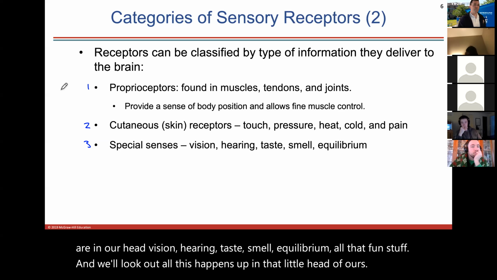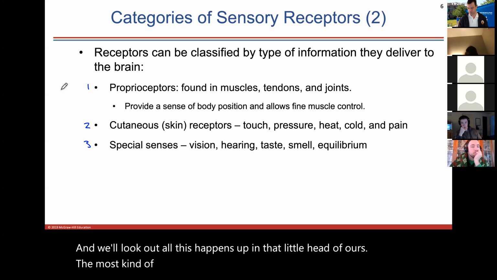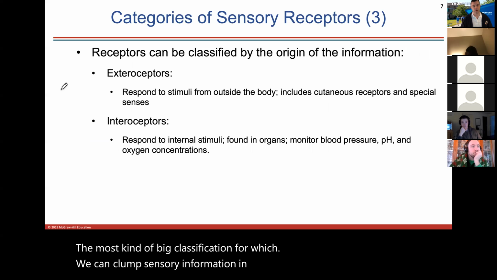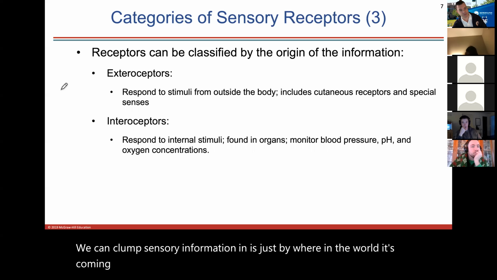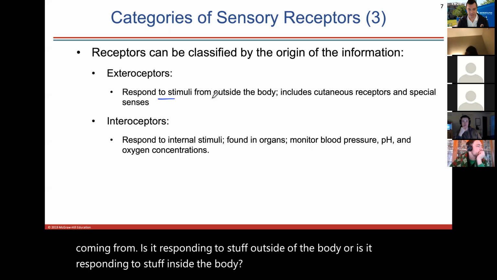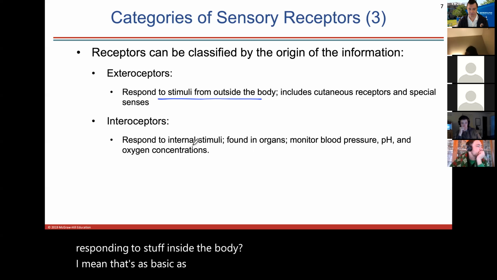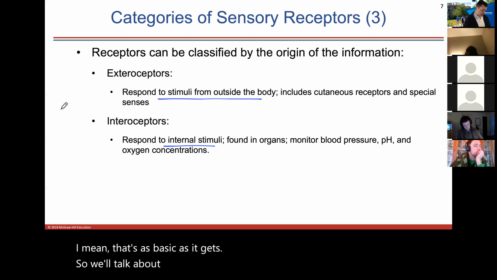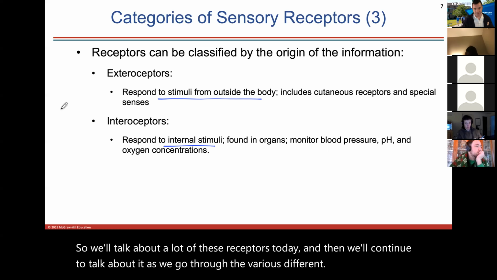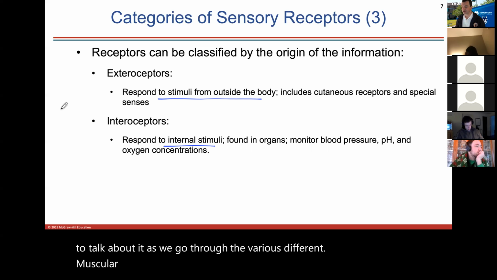The biggest classification by which we can clump sensory information is just by where in the world it's coming from. Is it responding to stuff outside of the body, or is it responding to stuff inside the body? That's as basic as it gets. So we'll talk about a lot of these receptors today, and then we'll continue to talk about them as we go through the muscular system, cardiovascular system, respiratory system.